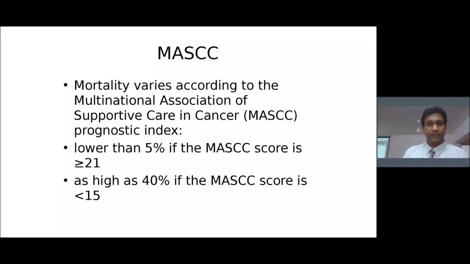Another thing that might help us is the Multinational Association of Supportive Care in Cancer Prognostic Index. Okay, now here if this MASCC score is high, then the chances of mortality can be low. And if the score is low, then the mortality of this patient can be quite high, right?